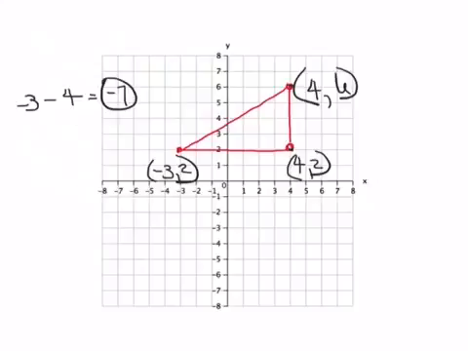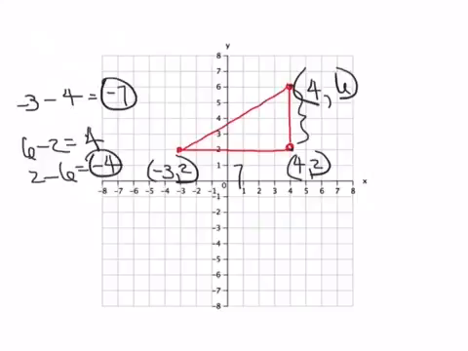Always, always, always your answer is going to be positive. So that's going to be 7. When I want to find this distance, I use my y values, so I use my 6 and my 2. So I take the difference between a 6 and a 2, and I get 4. I could have done 2 minus 6 and also got -4, but remember, we can't have a negative, so I would have changed that to a positive.